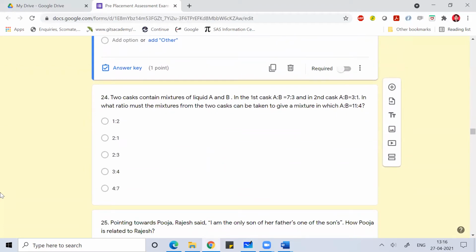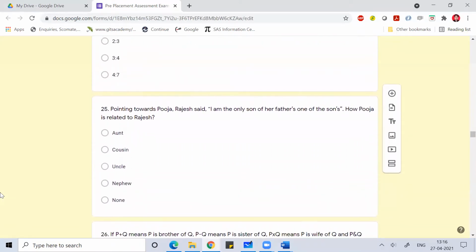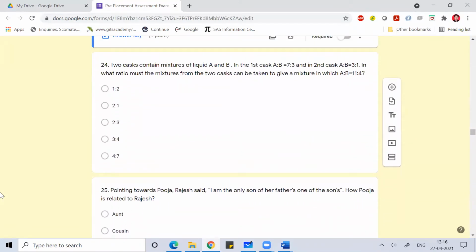Again, 24 is the problem of allegation and mixture. Question number 24: two cash contain liquid of A and B. In the first cache, the ratio of A is to B is 7 is to 3.